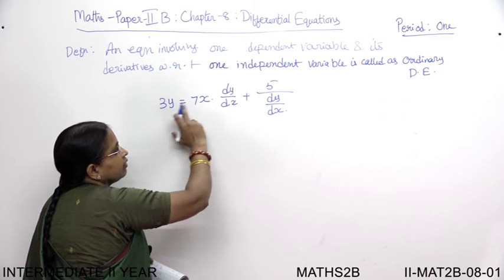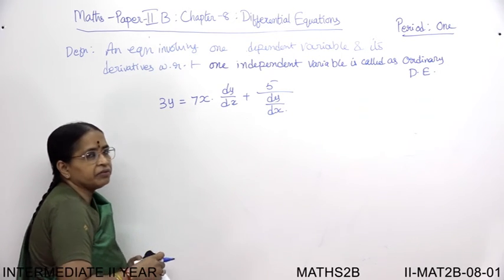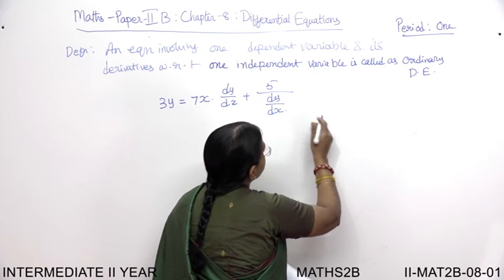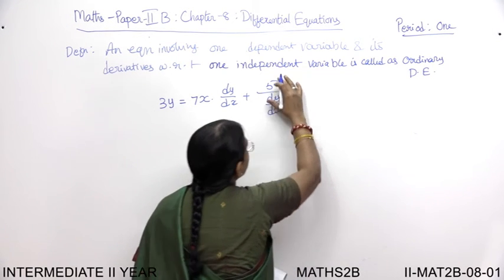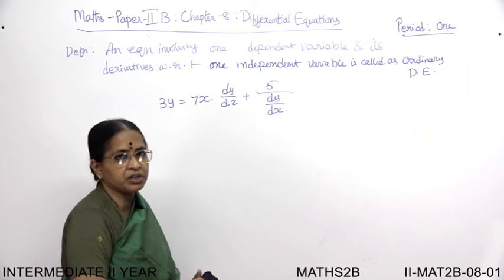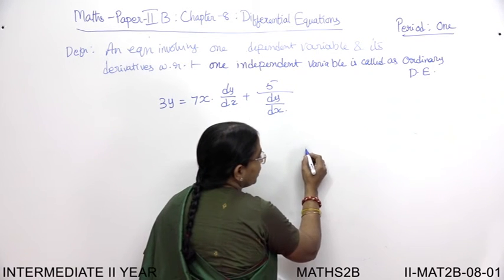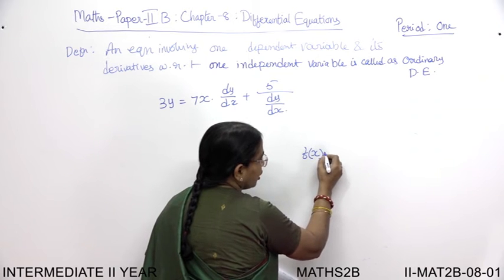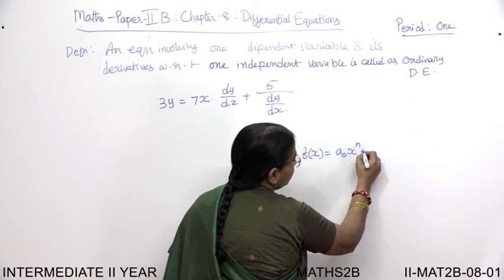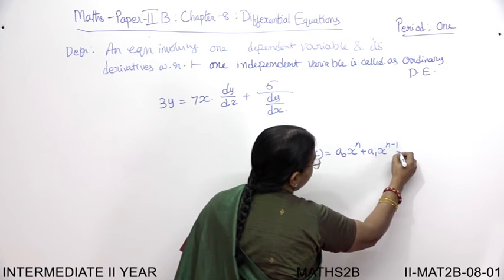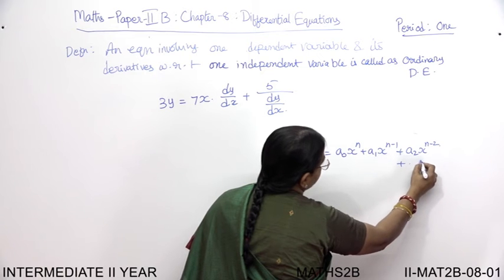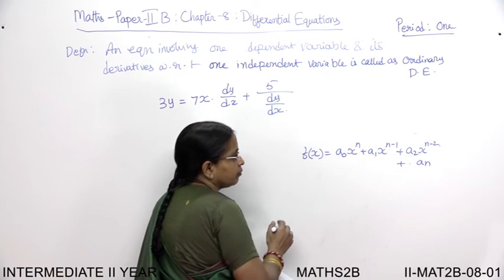To find the degree, first you must make the equation free of fractions, with the derivatives in the numerators. It should be like a polynomial equation in the derivatives. What is a polynomial equation? Suppose you have a polynomial f of x is equal to a0 x power n plus a1 x power n minus 1 plus a2 x to the power n minus 2, and so on, up to an.